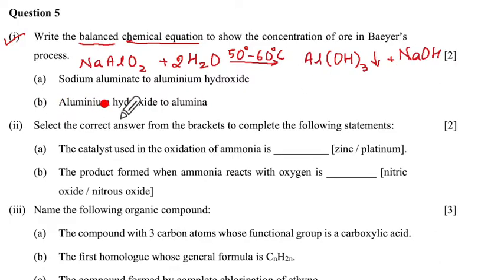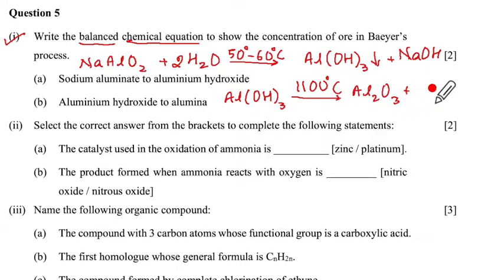The B part, aluminium hydroxide to alumina, so we will have Al(OH)3. Remember, it is heated to 1100 degrees C and it gives Al2O3 plus H2O.